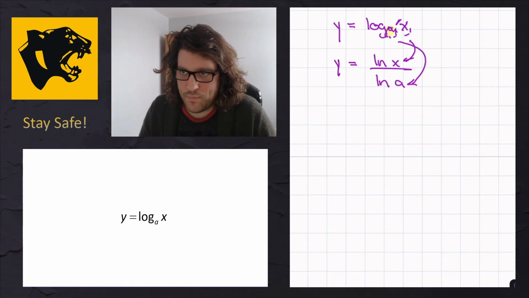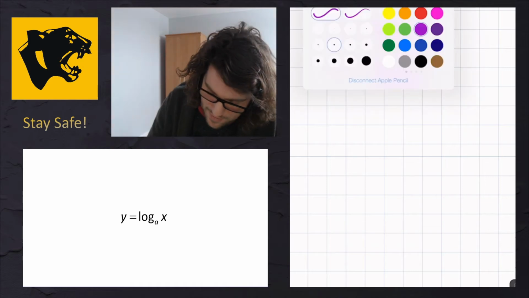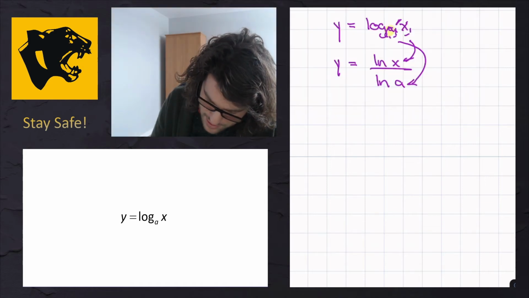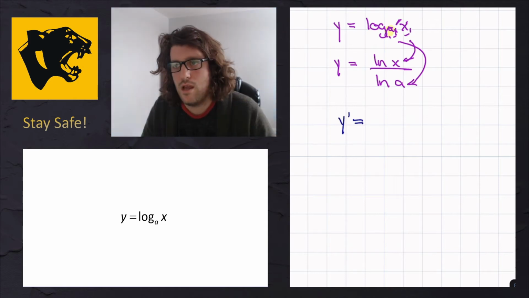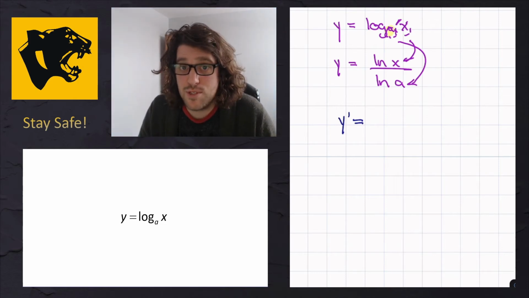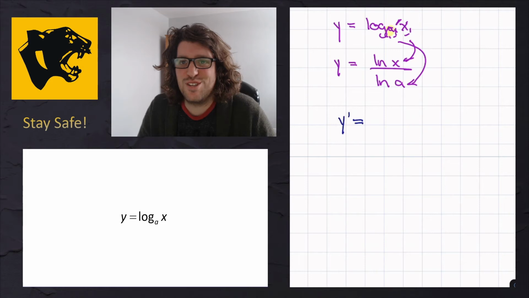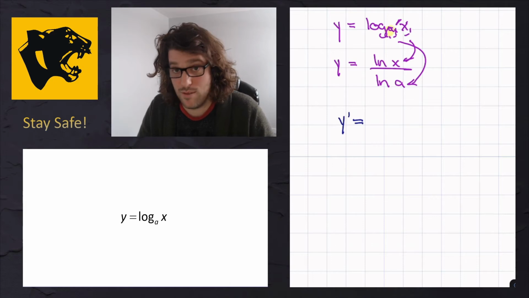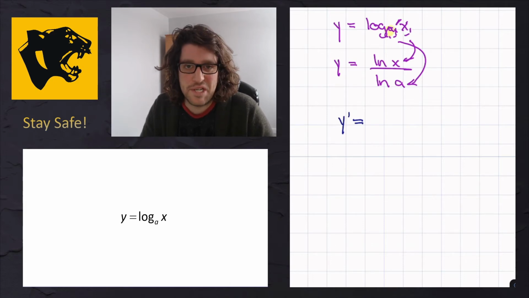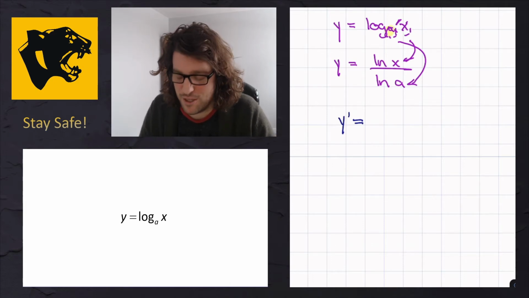Now, I'm going to attempt with this new form to do the derivative of this function. It screams quotient rule, especially since you see the logarithm in the denominator and you say, oh, it's a function. Logarithms are functions, but it's acting on a constant, so it's just a constant value.